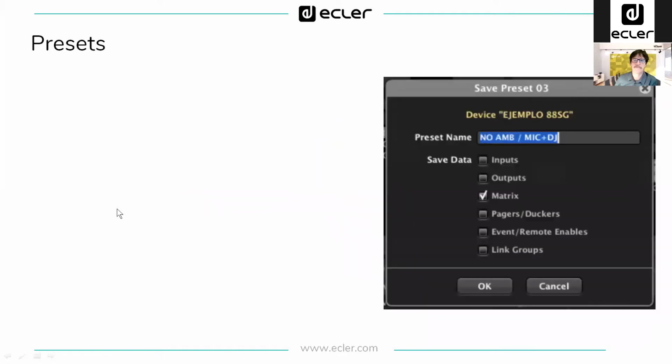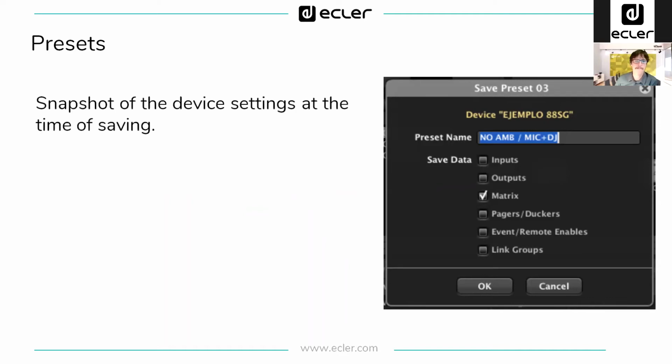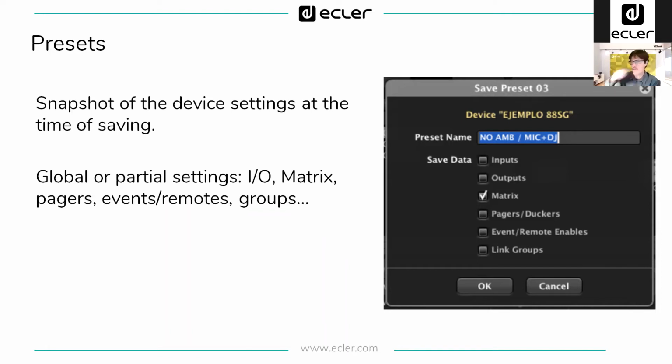So we also have presets, as we announced. A preset is a snapshot of the device settings at the time of saving, but it's not a global preset. You can choose a partial preset, so you can choose what to save.